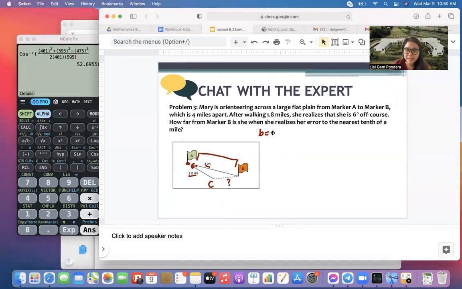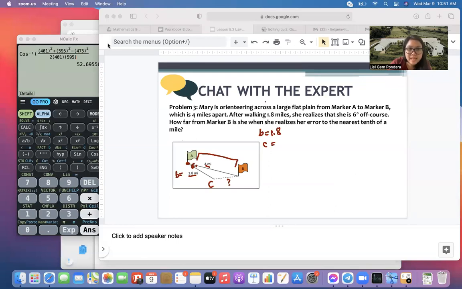That's 1.8 miles, the opposite of angle B. Opposite of angle B, small b, 1.8. How about side C? What is the measure of our side C? Any answers? Very good, that's 4 miles.